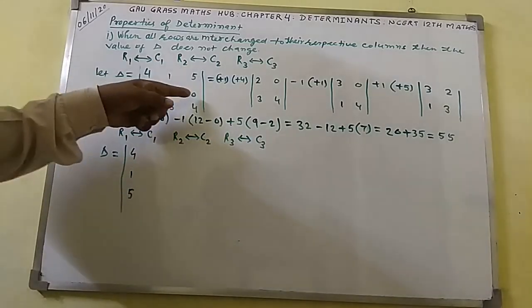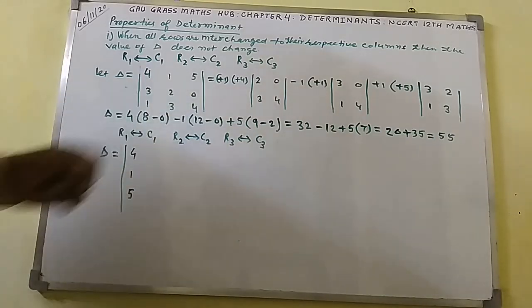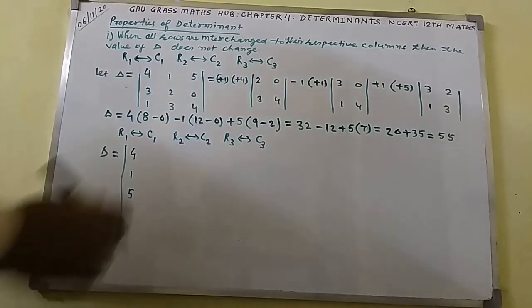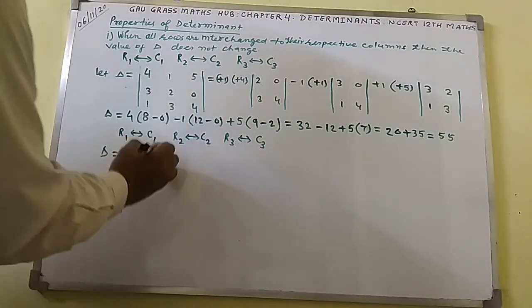Then the second row, R2 interchange to C2. This means that the second row will be converted into the second column, so here write 3, 2, 0 in the second column.